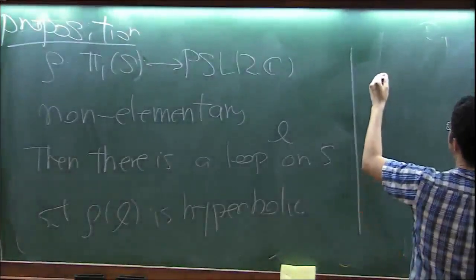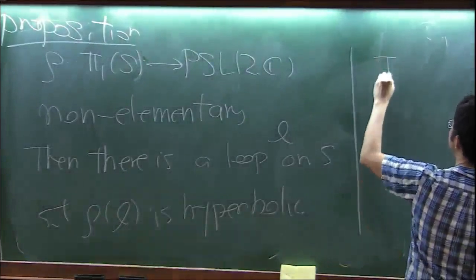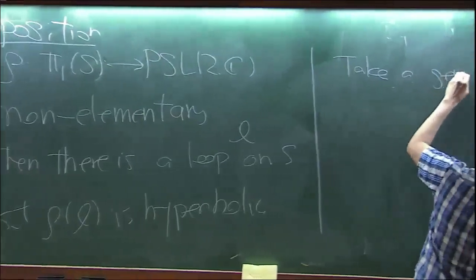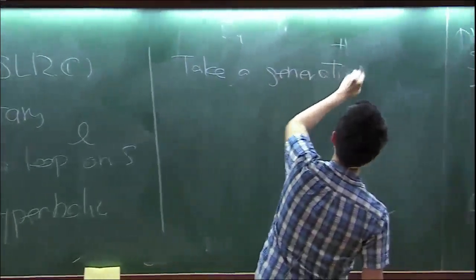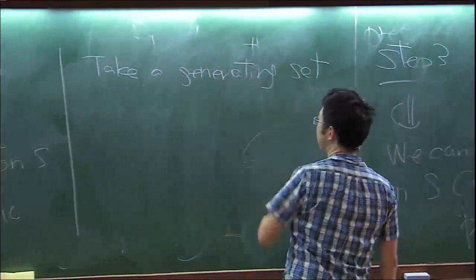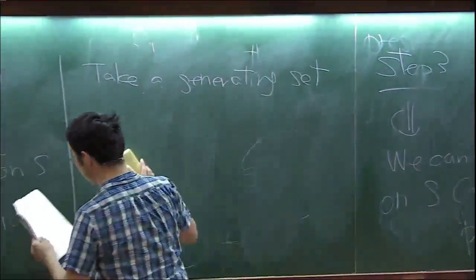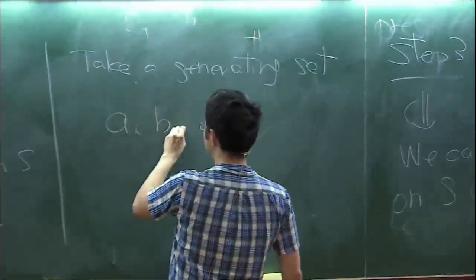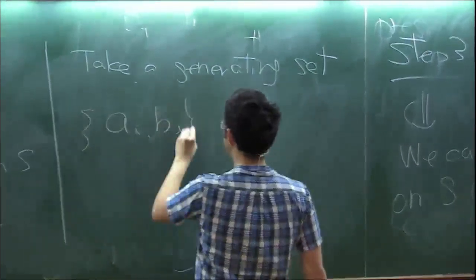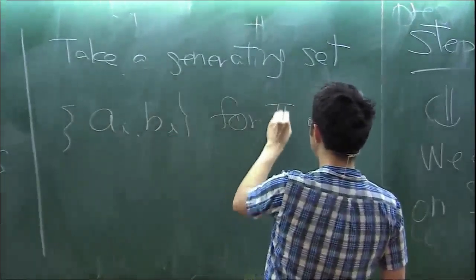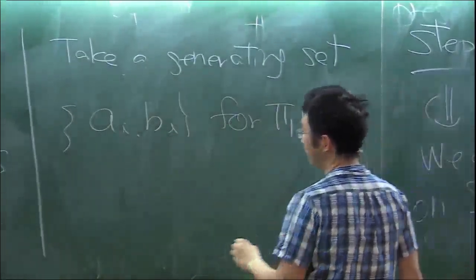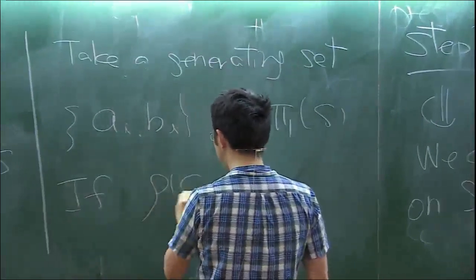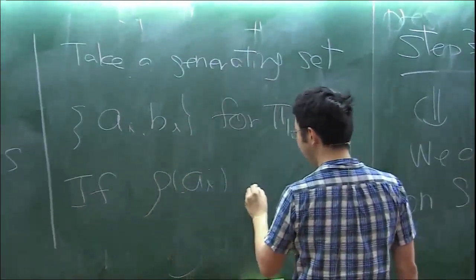So we take some generating set, A_1 through A_n, of pi_1(S). If one of their images is hyperbolic, it's done.